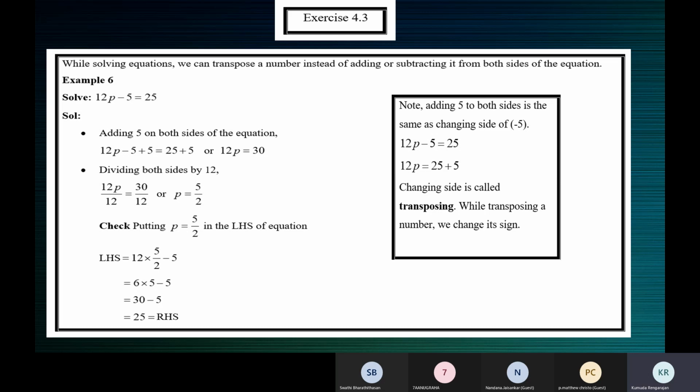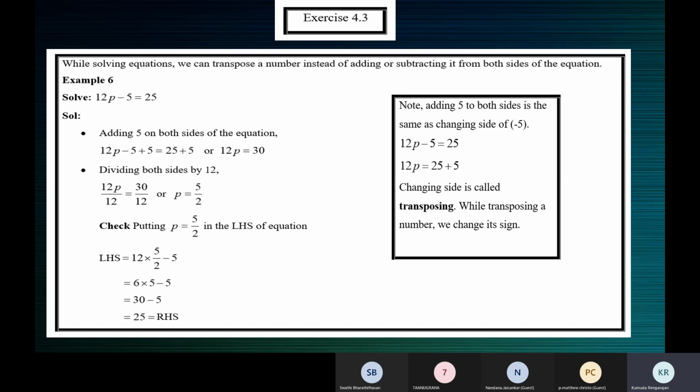But the equations we have seen so far have only 3 terms, maybe 2 terms in the LHS and 1 term in the RHS. The equations are very simple. When the number of terms in the LHS and RHS is limited, it is convenient to solve by adding and subtracting on both the sides.